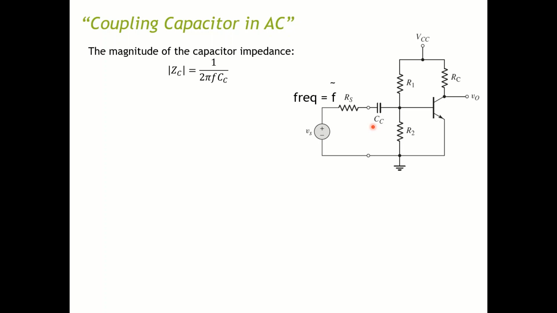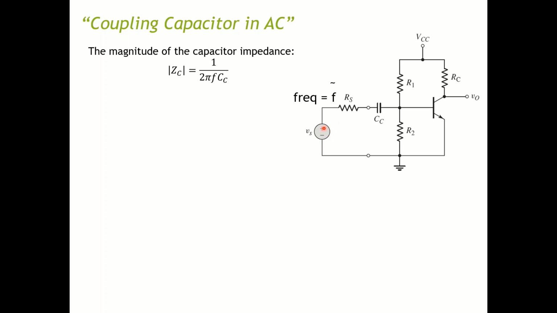As I mentioned, the coupling capacitor here is to isolate the DC component of the source from the base, right? You don't want to amplify the DC component, you just want to amplify the AC component of the source.